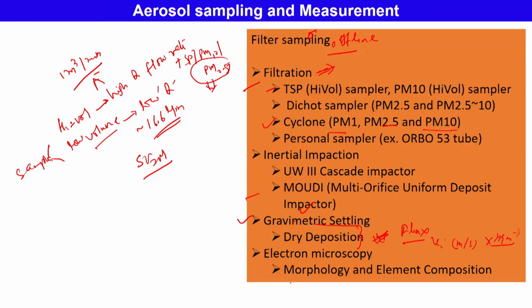And then if you want to do electron microscopy, or elemental composition, by XRF for example, then low volume samplers are preferred. There are advantages and disadvantages of high volume and low volume samplers. High volume samplers are usually very good if you are collecting samples at a remote location where the air pollution concentration is low.